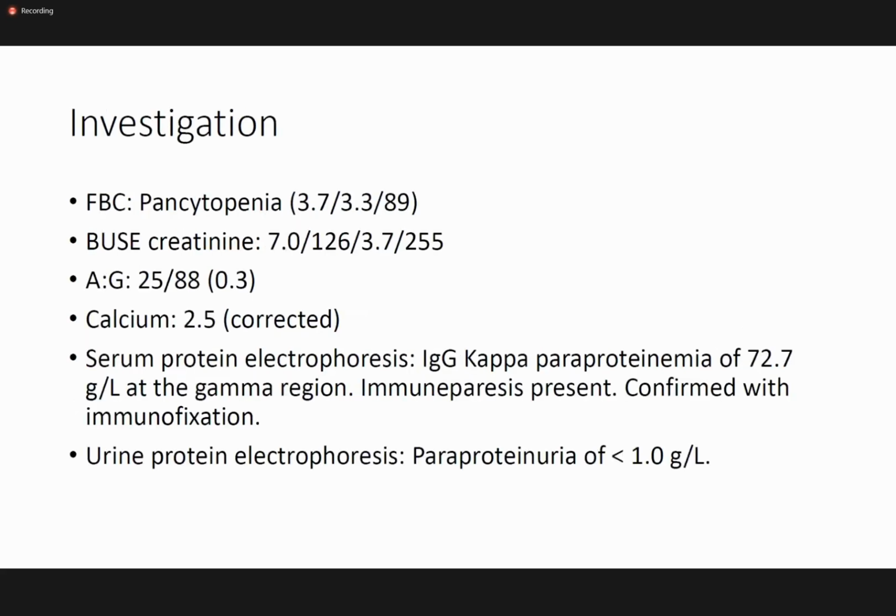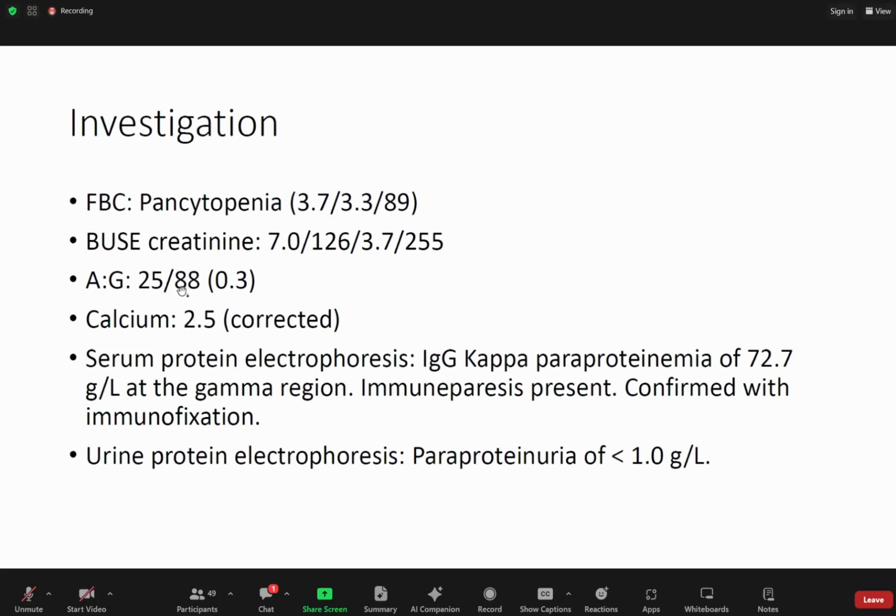The investigation shows the full blood count has pancytopenia, with hemoglobin of 3.7, white cell of 3.3, and platelet of 89. Renal function shows elevated creatinine, 255, with reversed albumin globulin ratio, globulin 88, albumin 25.